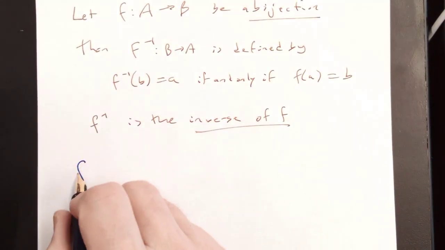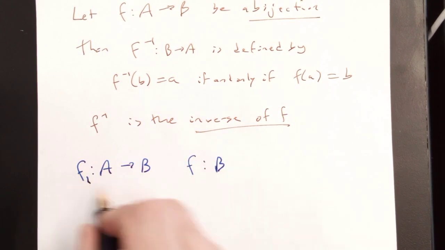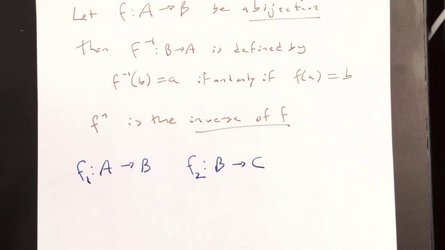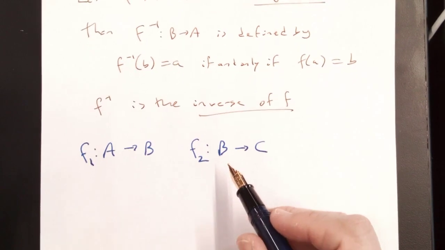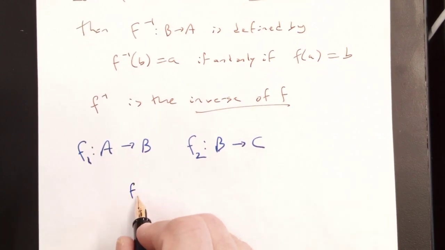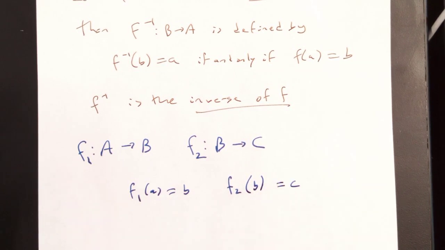If I have two functions, f1 and f2, then I can take the stuff that comes out of f1, that's in the set B, and put it into f2. So I would be doing first f1 of something, that would give me a little b, and then I would be doing f2 of that little b, and that would give me a little c.